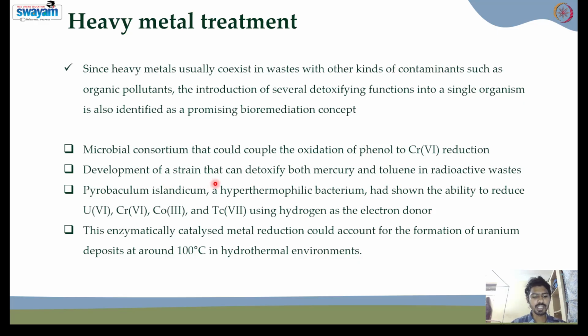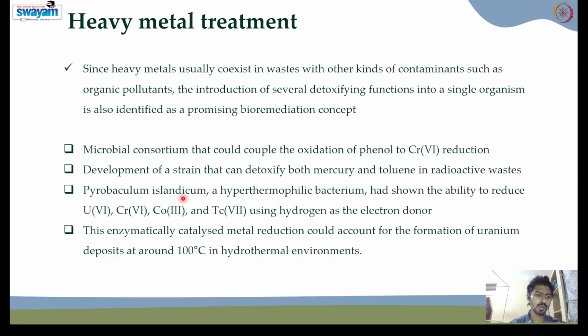That is, you can engineer these strains to detoxify both mercury, which is a heavy metal, and toluene, which is an aromatic compound, which you will normally see in radioactive waste. So you can find an engineered strain which can handle both mercury and toluene and degrade them to a safer level.